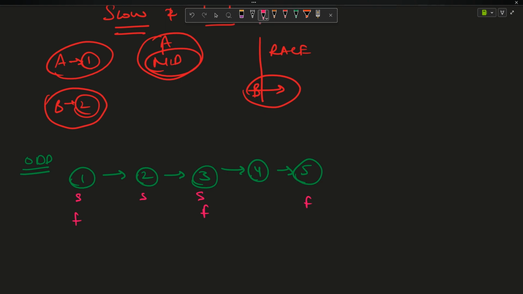To avoid the segmentation fault, my condition was while fast is not null and fast next is not null. For the fifth node, fast next is null, so I will break the loop, and you can see my slow is aligned with the middle. So for odd, it is running fine.